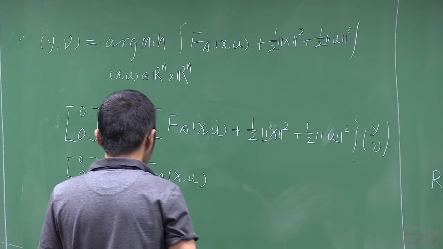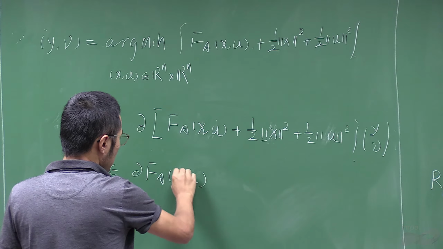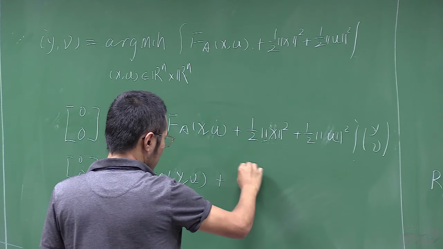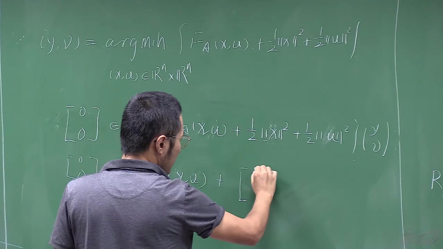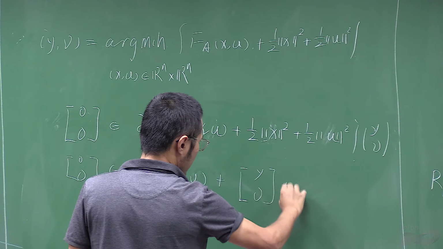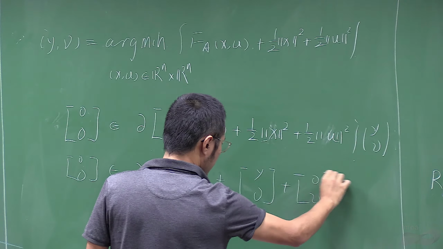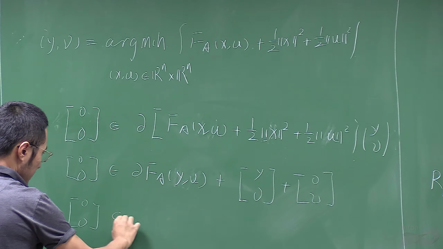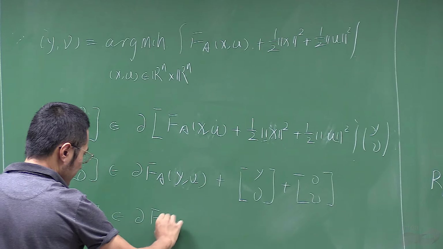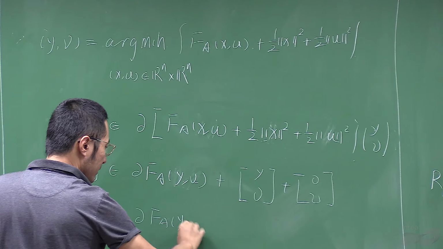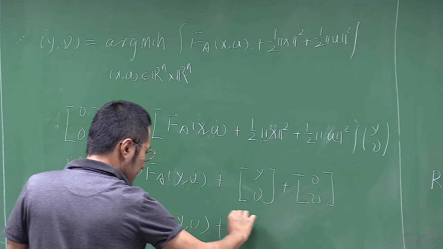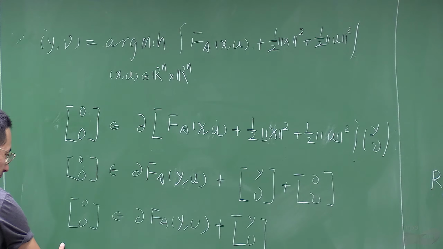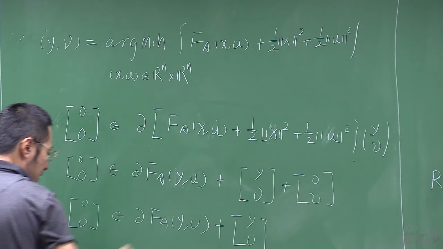Okay, so this is Y0 and 0V. We have 0 belongs to the gradient of A, Y, V plus the YV, and we put this on the right side, we minus this vector on both sides.